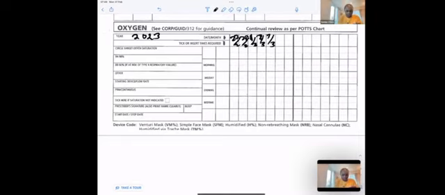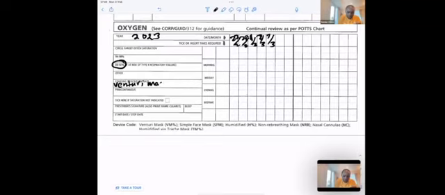It says target saturations. As a COPD patient we aim for 88 to 92. The device we use is a Venturi. You see here it's the Venturi mask, which you can write in small handwriting.